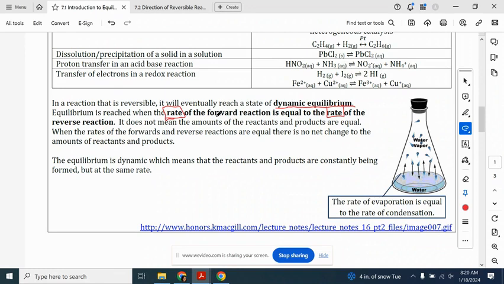Again, it's not the amounts that are equal. It's the rates that are eventually equal. Okay? That trade-off is equal in rate. Equilibrium is dynamic, meaning that the reactants and products are constantly being formed, but they're formed at the same rate.